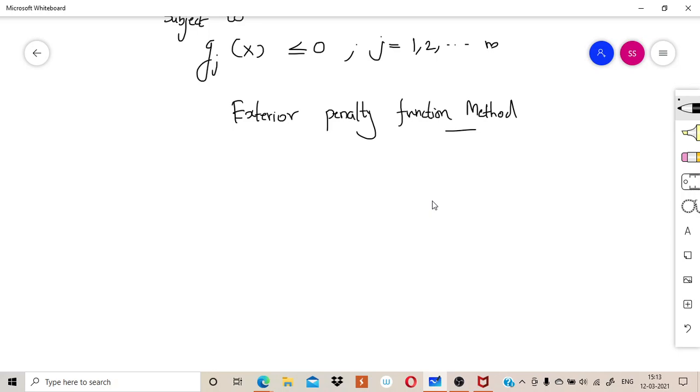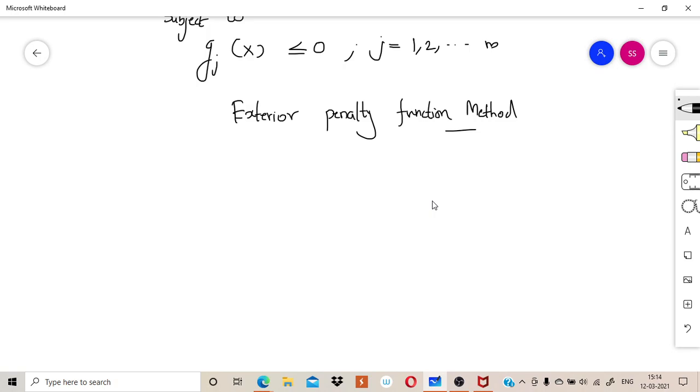That means a sequence of unconstrained minimization problems. Constrained will be transformed to unconstrained minimization by introducing a new term to the original objective function f of x. That new term is known as the penalty function.